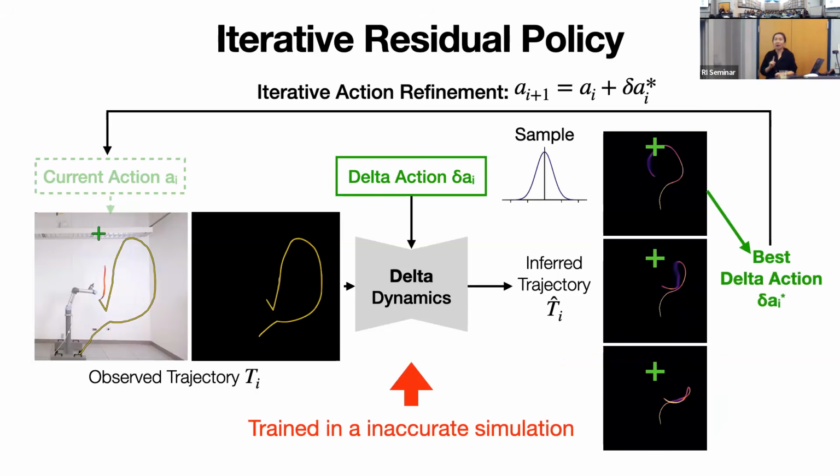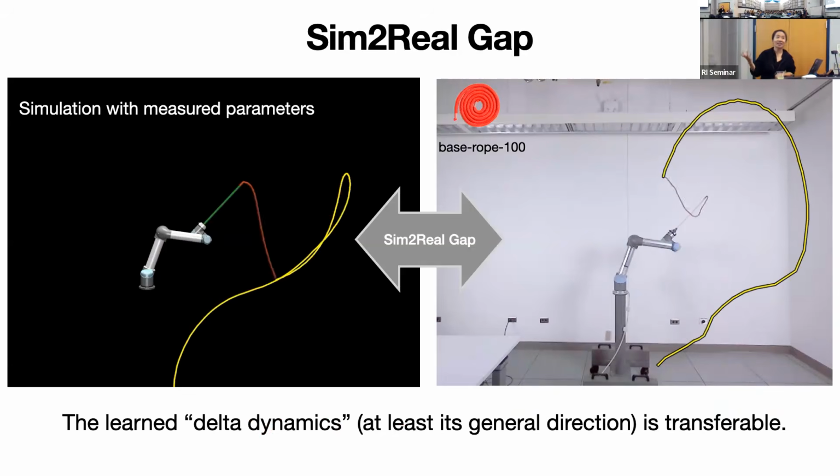However, one of the challenges I want to emphasize again is that we can only train this delta dynamics model in a simulator that is highly inaccurate. For a task like sweeping a rope, there is a huge sim-to-real gap if you use a standard simulator. For this project, we use the MuJoCo simulator.